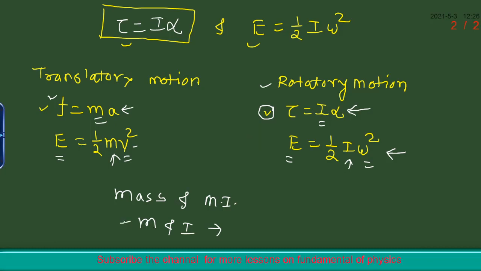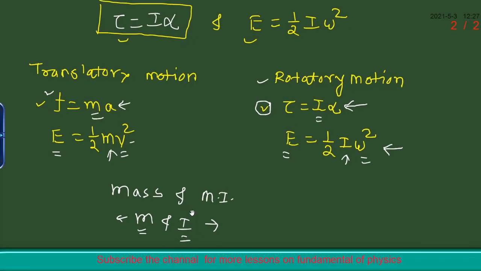Mass plays the role in translatory motion. Moment of inertia plays the role in rotatory motion. These both are the inertia. Mass is the translatory inertia and moment of inertia, that is I, is the rotatory inertia.